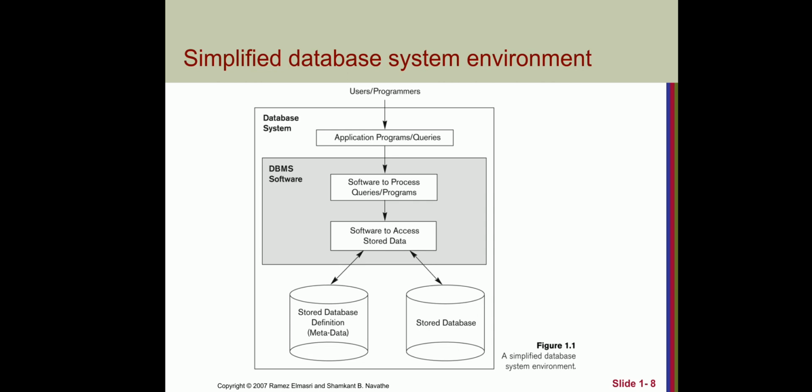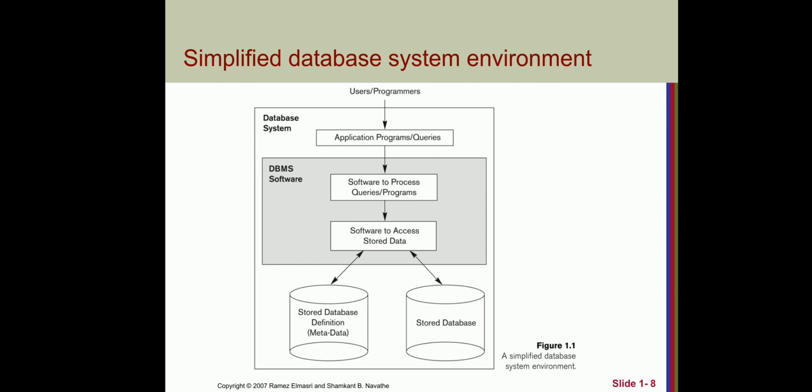Whenever a user requests some information from a database which is already created and stored, a query is created, and then it is passed on to the DBMS software. DBMS software has two parts. One is software to process the queries or the program, and the second is software to access stored data.